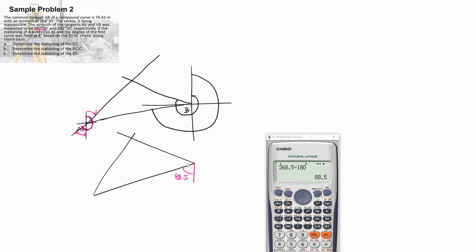So, 247 degrees, 50 minutes, minus 180 din. So, 67.50. So, ito naman ay 67 degrees, 50 minutes. So, ito yung 0.5, 30 minutes ito.